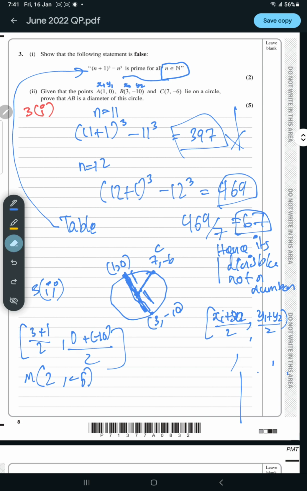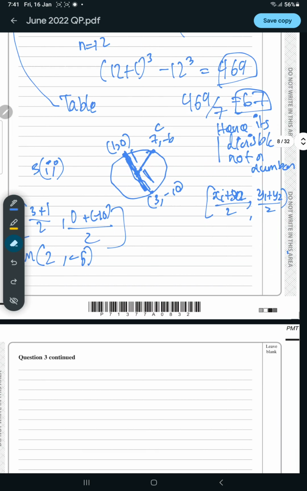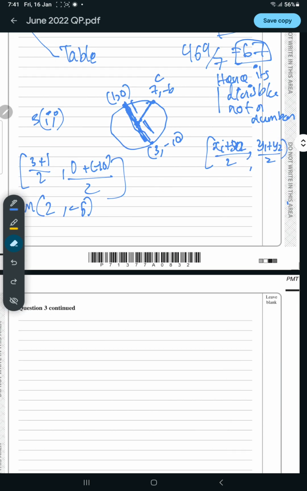Now we can calculate the distance from the midpoint to point C. If the distance from the midpoint to C is the same as the radius, which is half of AB, we can prove that it's a diameter.